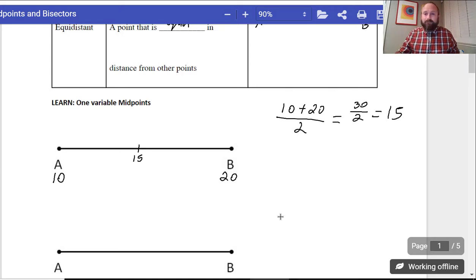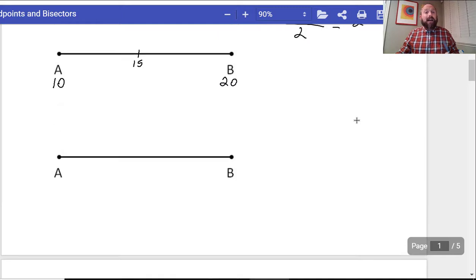Let's continue. What if we have negative numbers? Let's say this is negative 10 and this is at 20. What is halfway in between, or the midpoint? What we are going to do is add them.